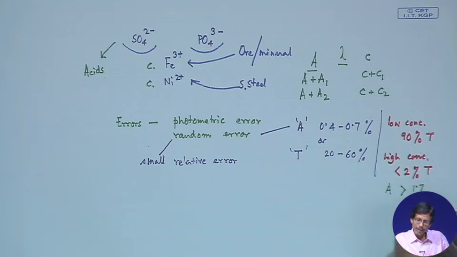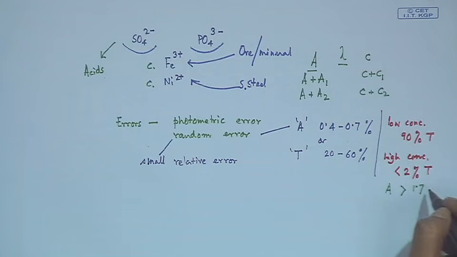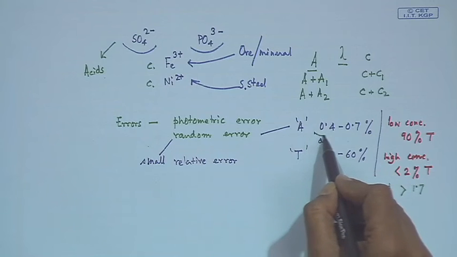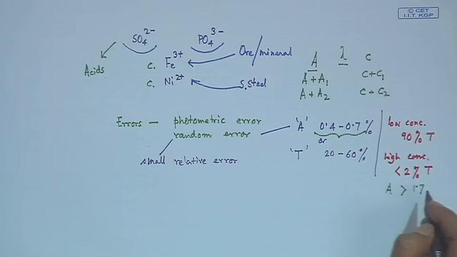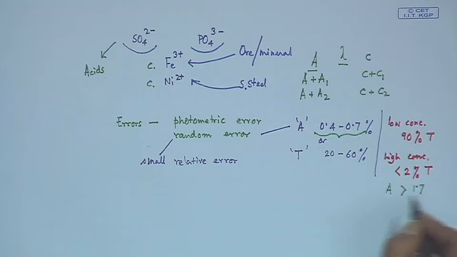Though your instrument can measure an absorbance of 1.7, it is better to avoid that and remain in this range, because at very high concentration the molecules responsible for your color stay side by side and start interacting with each other. That is not acceptable, or not well associated with the measurement.